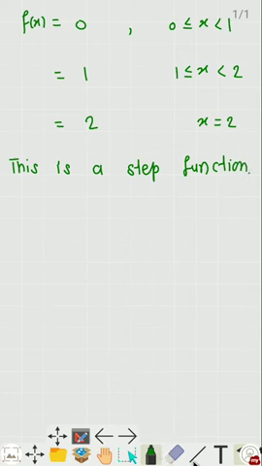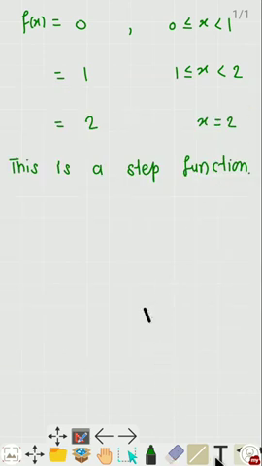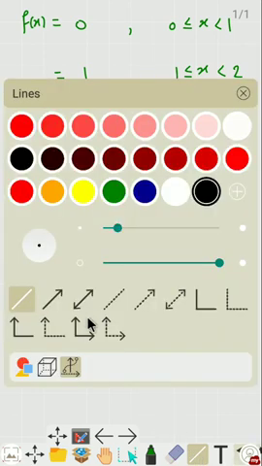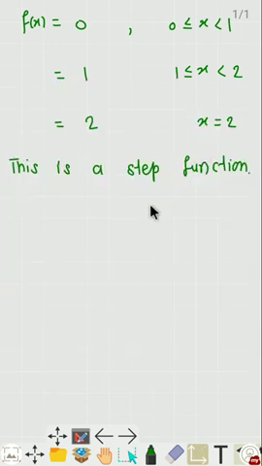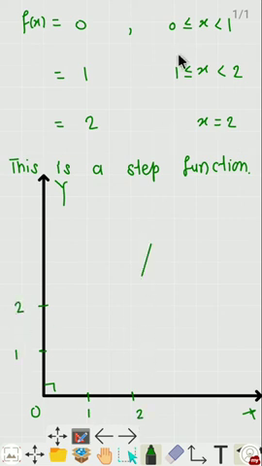We know the graph of a step function, so let us try to draw it. This is our x-axis, y-axis perpendicular at the origin, with 1 and 2 marked.